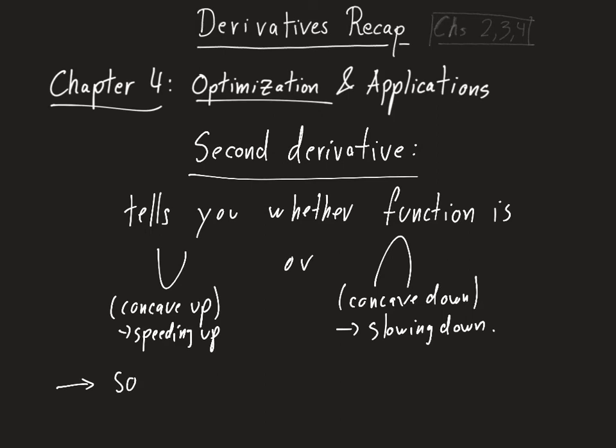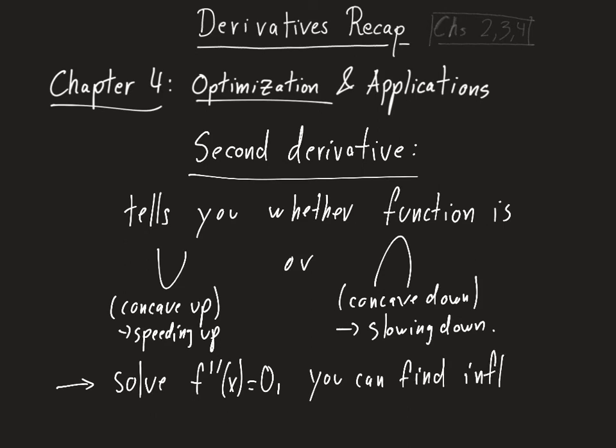If you solve f double prime of x equals 0, you can find inflection points. Inflection points are where you pass from one of these to the other.